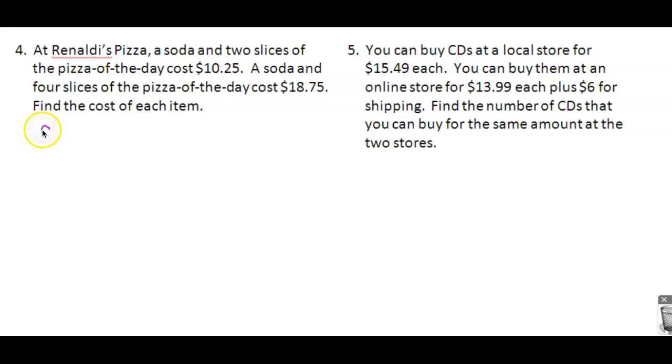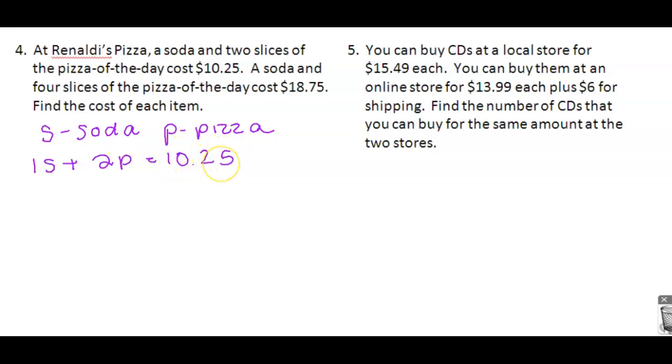So we're going to say that S represents soda and P represents the pizza slice. So a soda, so 1S, plus 2 slices of pizza is $10.25. Or 1 soda plus 4 slices of pizza is $18.75.